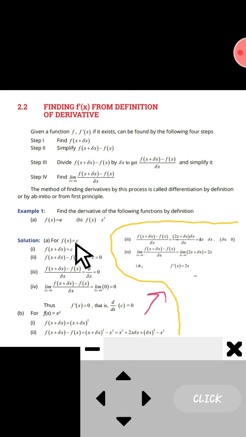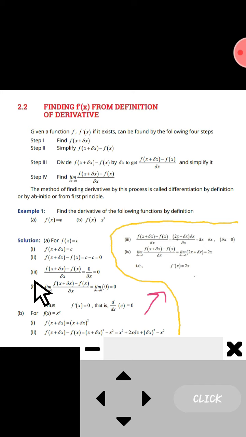For f of x, our first step is f of x plus delta x. Any small change in a constant number will again be a constant. We have step 2, f of x plus delta x minus f of x. So c minus c, constant minus constant, is 0.